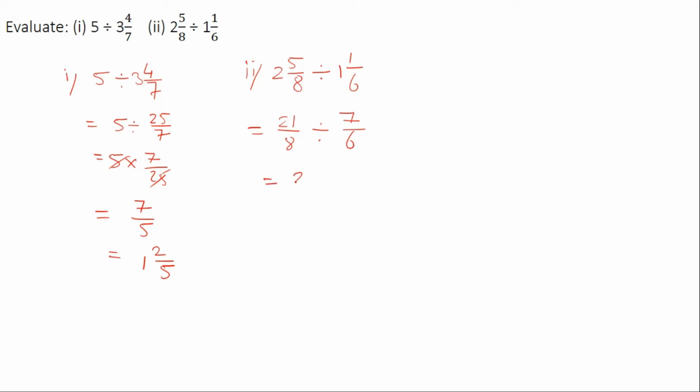After that we will write 21 by 8 into 6 by 7. So it will be 9 by 4. Or if you want to change it into a mixed fraction, it will be 2 whole 1 by 4.